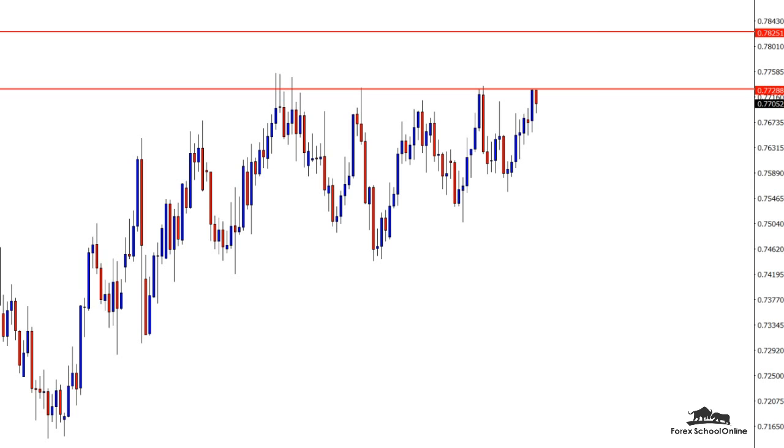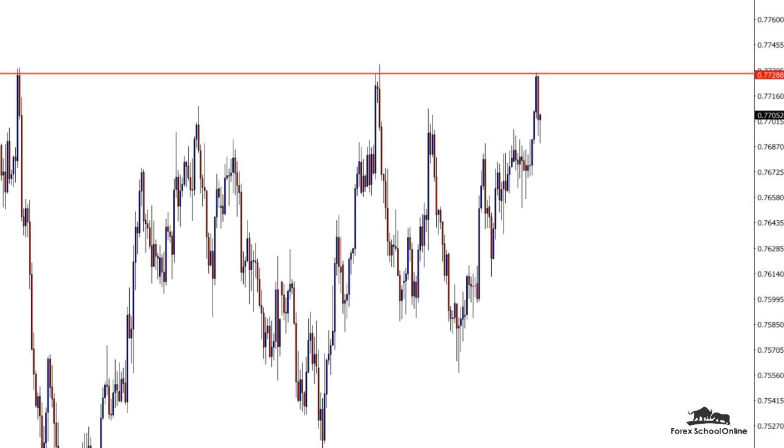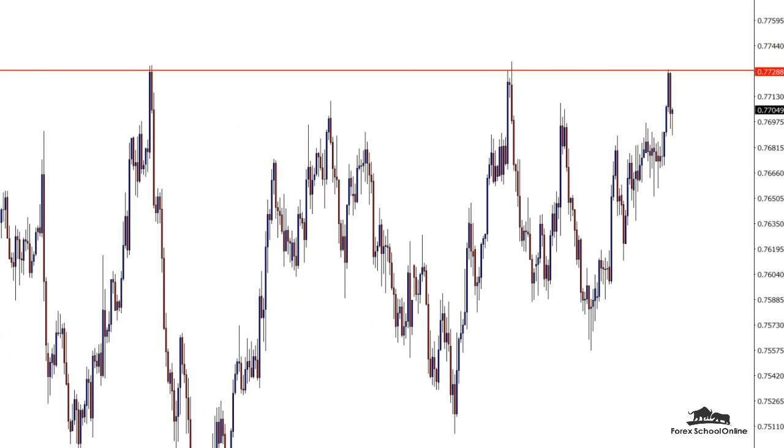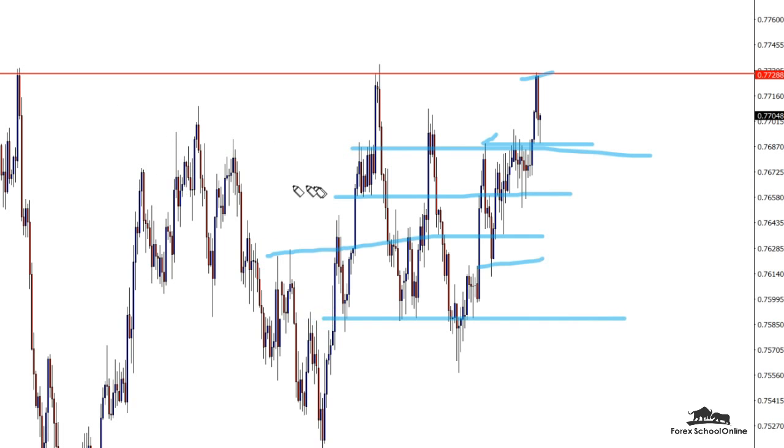If I move back to the 4-hour chart, you can see the type of market that you'll be trading back into, and you just need to keep on your toes because you're trading back into all these types of levels, and they all have a chance.